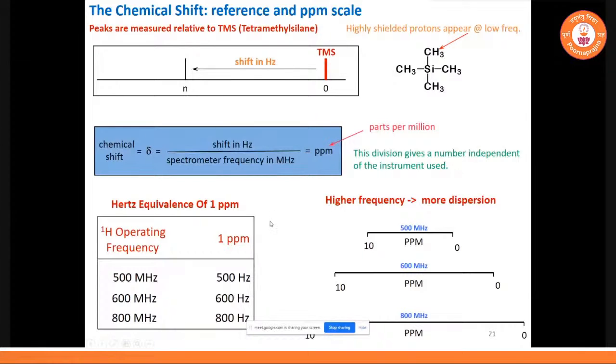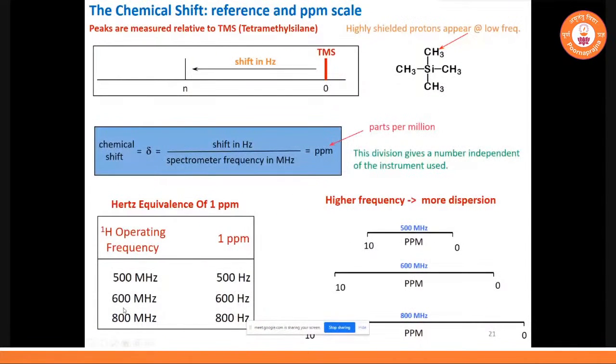Because if you record a spectrum, let's say on a 500 MHz spectrometer or an 800 MHz spectrometer, and plot the spectrum in terms of frequency, the frequencies are different. To have a uniform scale, we normalize by dividing by the megahertz here. That's why in ppm, whichever spectrometer you use for the same sample, the number remains the same. So there is no confusion. That's why we always represent the NMR scale in ppm.